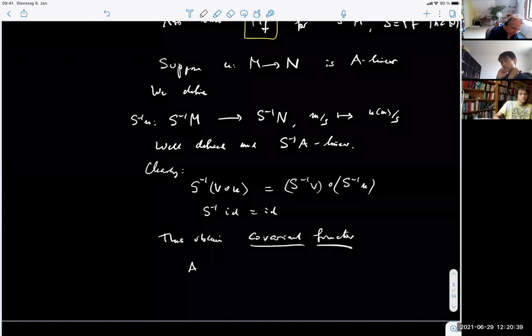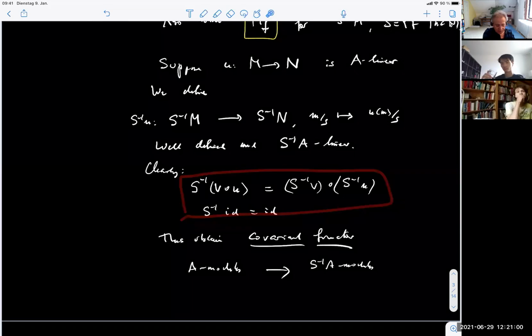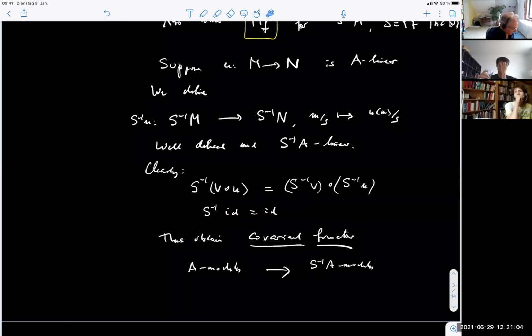One is the category of A modules, and the other is the category of S to the minus 1 A modules. This is exactly the meaning of that. You map the objects, you map the maps, and you have this functorial property here that I wrote. Good. Other questions on that?